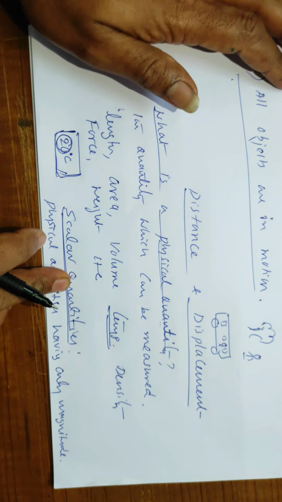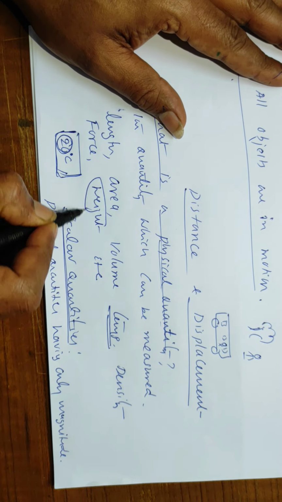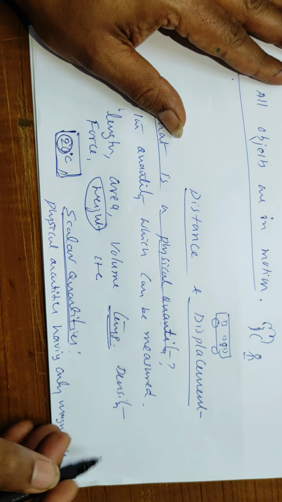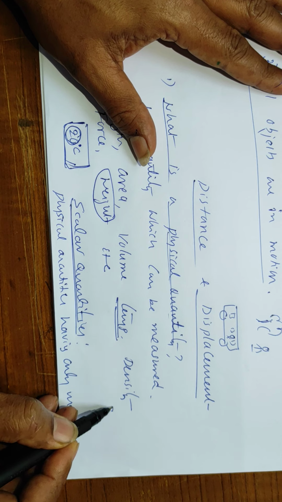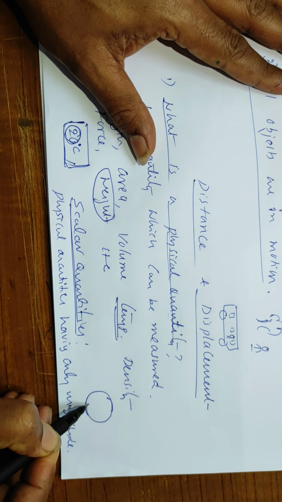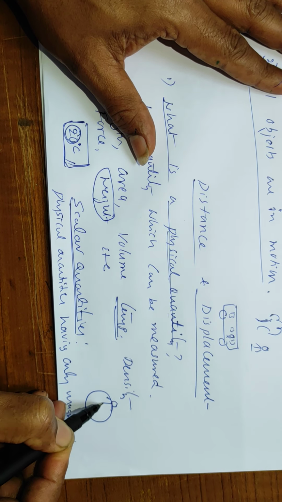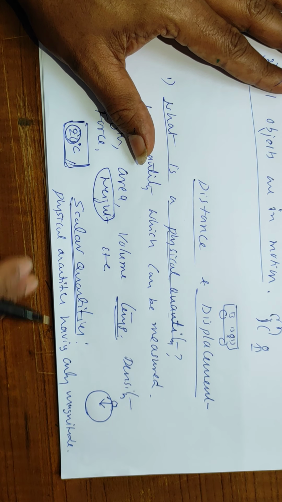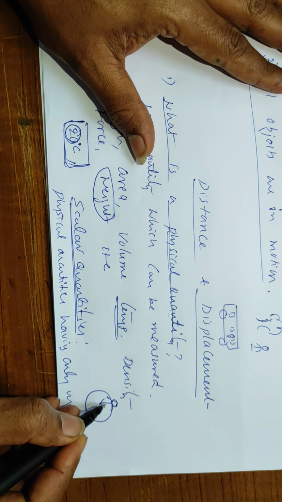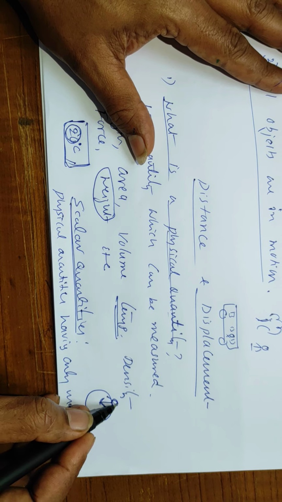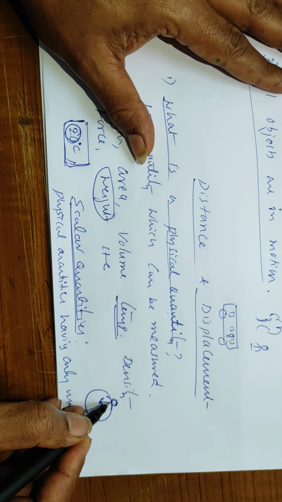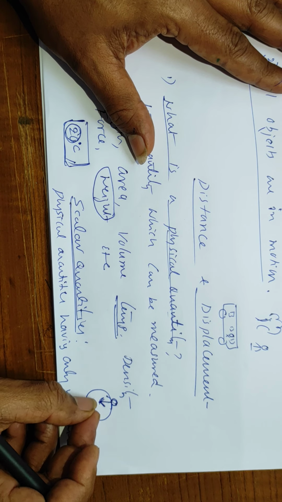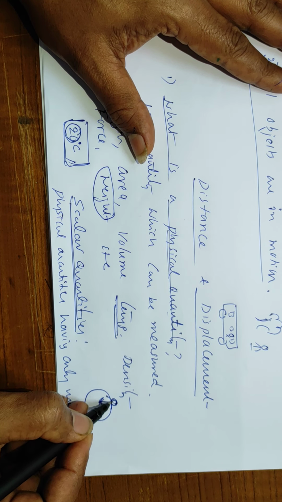Dear students, let us consider another physical quantity, weight. What is weight? Weight is nothing but the force exerted by the earth on the object. Here, earth and the object attract each other. We can measure how much force the earth is exerting on the object.